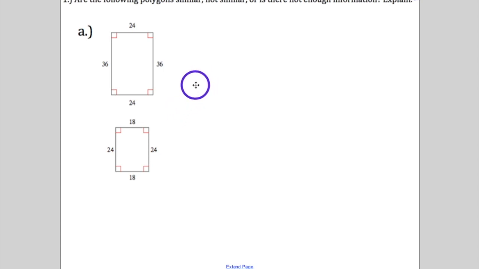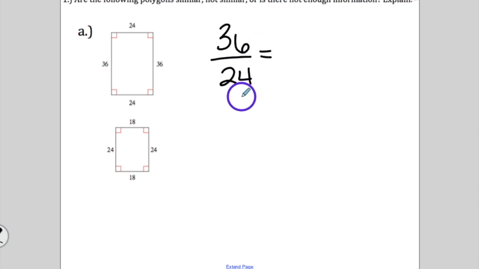So sometimes with shapes, you might have to rotate them. So let's look at this top rectangle here and find the longest side, which is 36. And we need to match that up with the longest side down here, which would be 24. So we want to see what 36 over 24 reduces to.